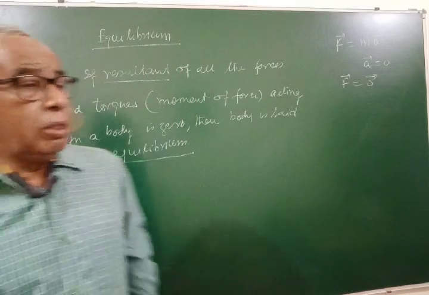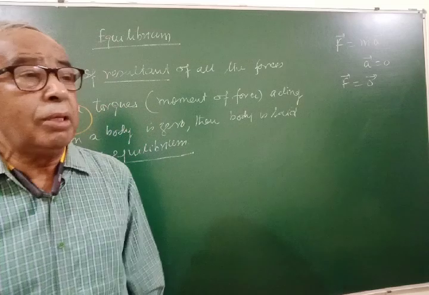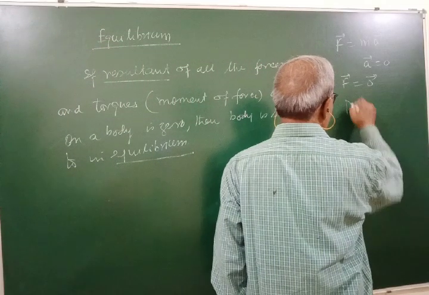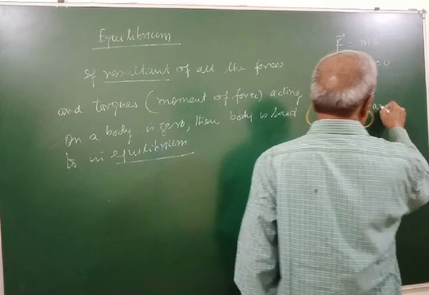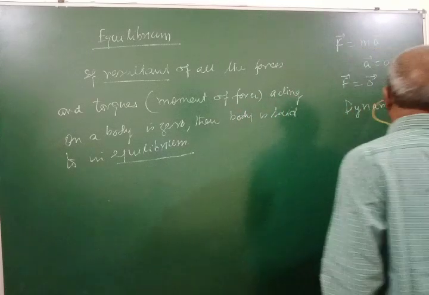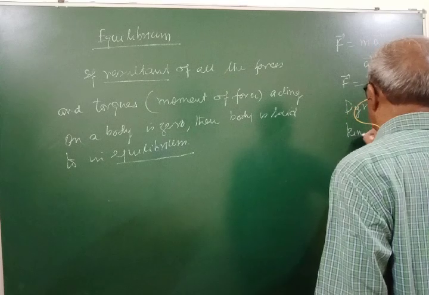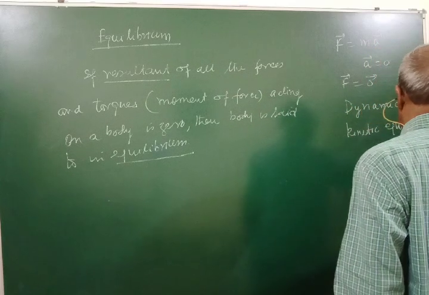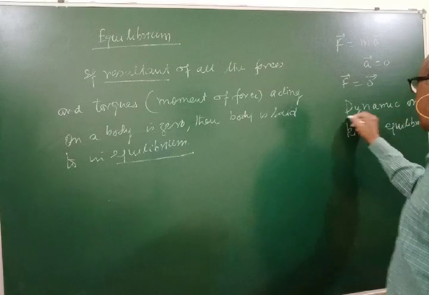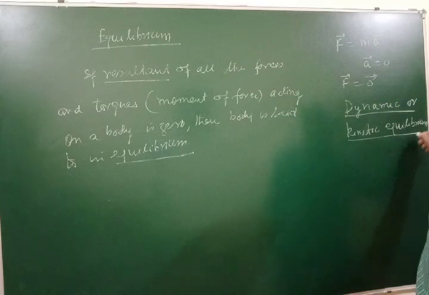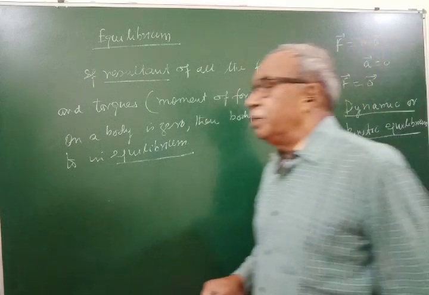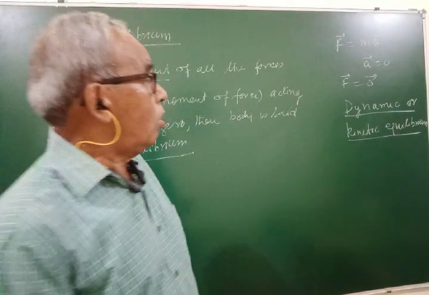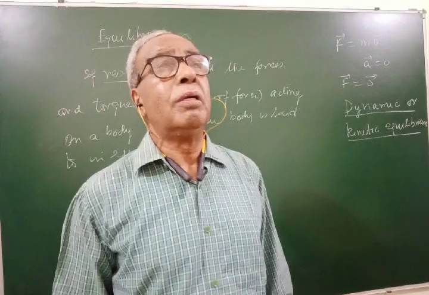When a body is in equilibrium while in motion, that equilibrium is called dynamic or kinetic equilibrium. Dynamic or kinetic equilibrium means the body is in motion but the net force acting on it is zero, meaning acceleration is zero, or also in rotatory motion.